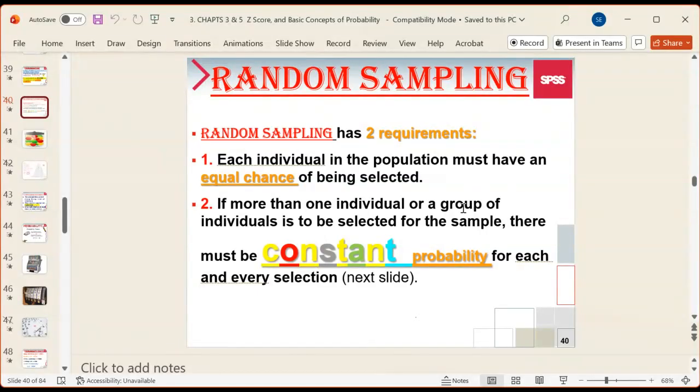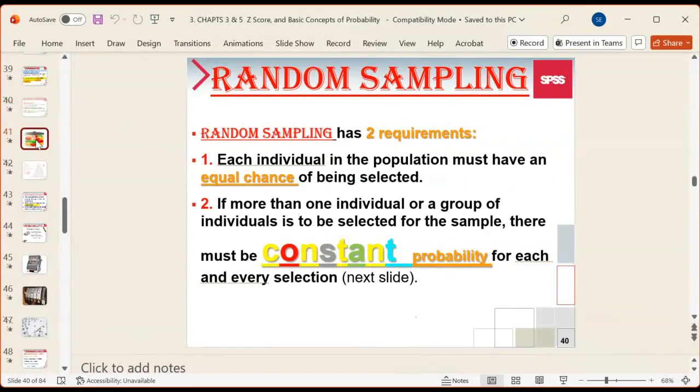Each individual in the population must have an equal chance of being selected. So it's like putting all the names in a hat and drawing one, or using a computer to randomly select. If more than one individual is to be selected in the sample, there must be constant probability for each and every selection.